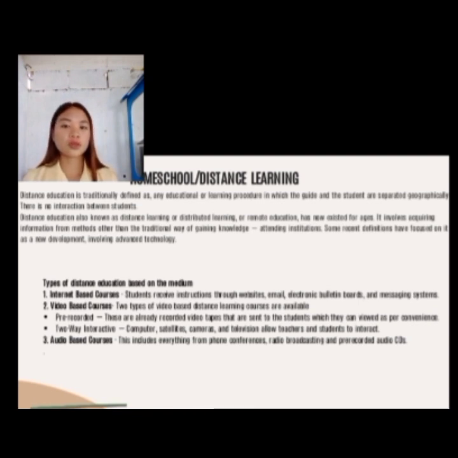The teacher before used this technology to inform their pupils and to discuss the topic. The teacher also needed to discuss the topic because the teacher before distributed modules to the students. So they really needed to discuss their topics or modules so that the students would understand the topic.